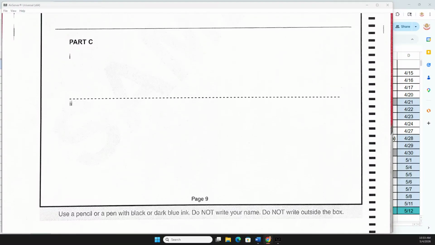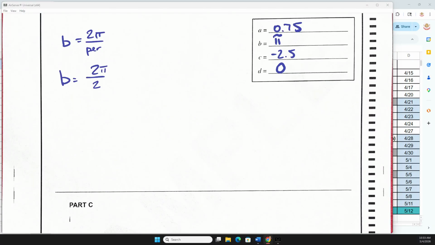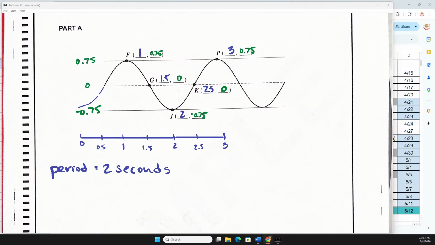All right, and then part C, this one, the interval will change from problem to problem. This one is going to go from G to J. So we're talking about G to J, right there. In questions, the first one will be on that interval, which is true. And so we're talking about the graph of H, whether that graph is positive or negative at that section, and whether it is increasing or decreasing.